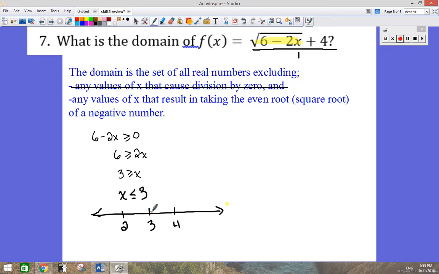That goes on. Well, 3 is acceptable because let's evaluate this function at 3. If we go f evaluated at 3, 6 minus 2 times 3. That's 6 minus 6. And that's 0, and the square root of 0 is 0, and 0 plus 4 is 4.